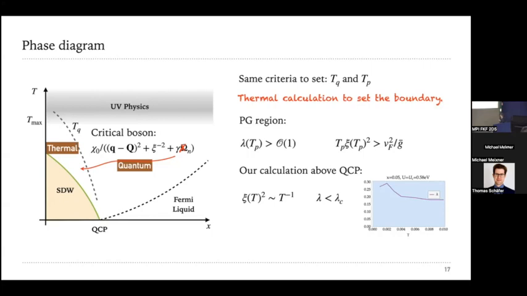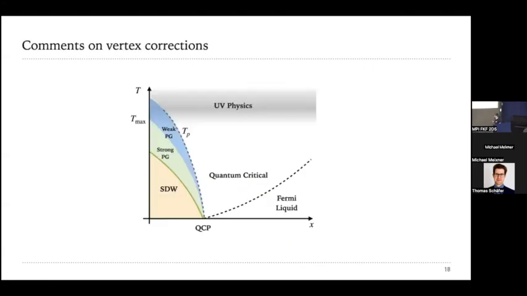And we found that the thermal coupling lambda here is constant in temperature, and also it's below the critical lambda, which means that there is no pseudogap right above the quantum critical point.